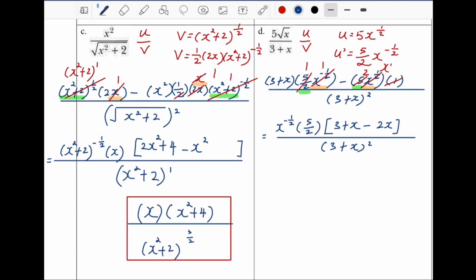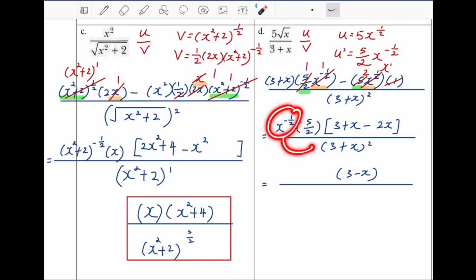Okay, now simplify it. First, this is the part. What do we have? 3 minus x. Okay. This one, can you combine? No, you can't combine.